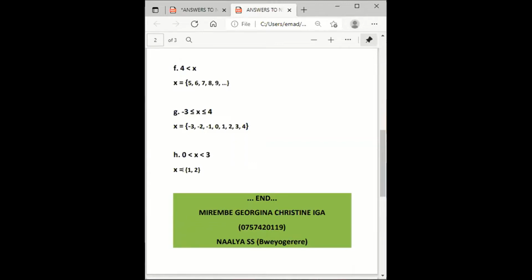So here, in simplified terms, we are just going to list the values in between this 0 and the 3. Those values are just 1 and 2. I hope I'm clear. Any questions?